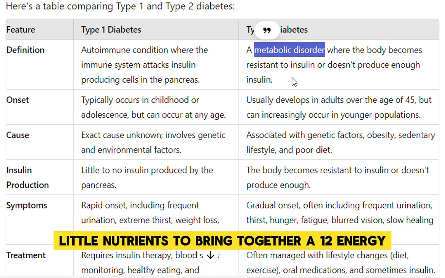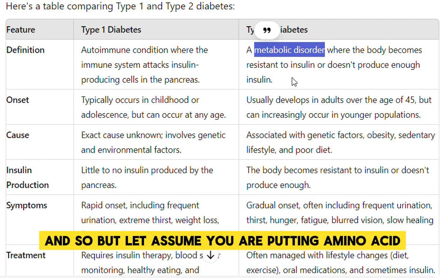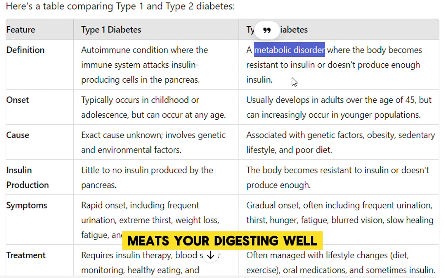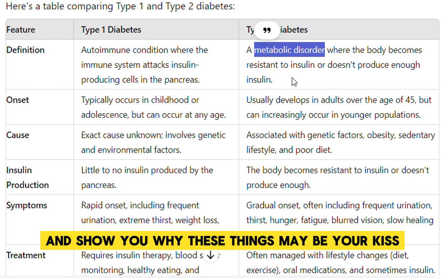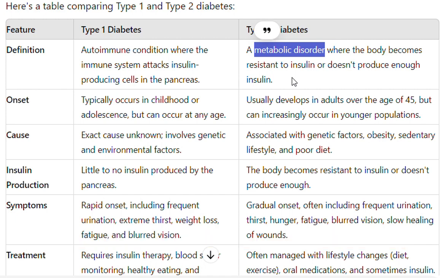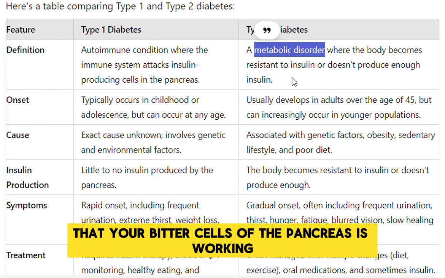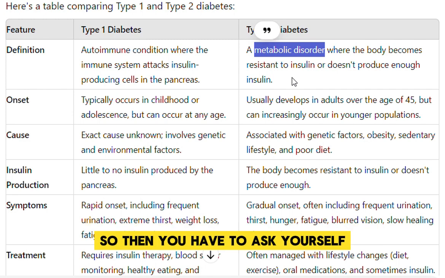I guess you have to have nutrients to bring it together, energy and stuff, but let's assume you are putting in amino acids, you're eating egg, fish, meats, you're digesting well. Let's just assume that, which is where the assumption would come and show you why these things may be your case. And let's assume that your beta cells of the pancreas are working. So then you have to ask yourself, why isn't it that we are producing?